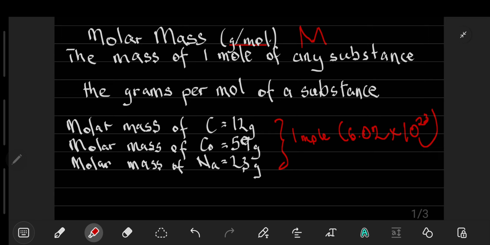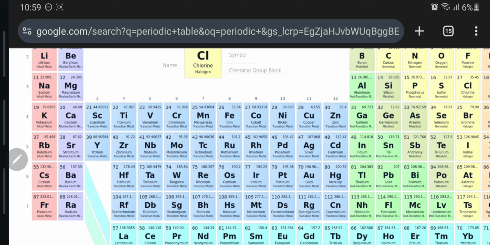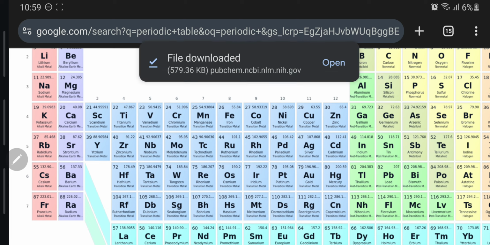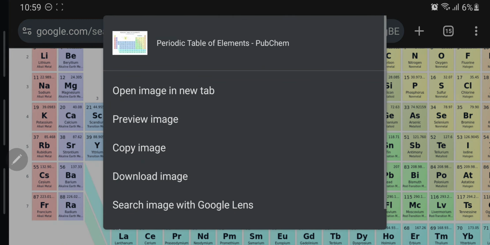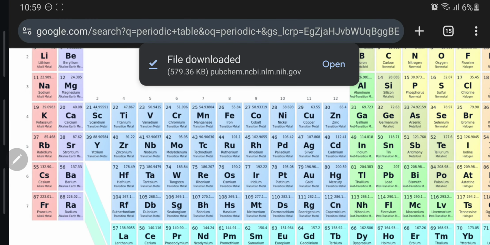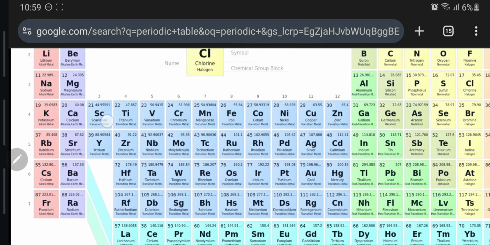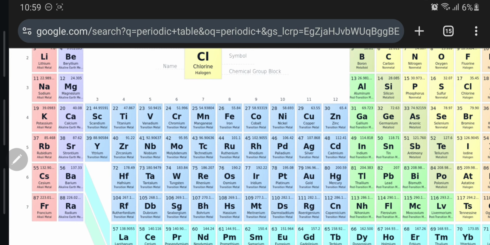Now the various elements on the periodic table have their respective masses. If you look at any periodic table, like we can see here, there are various elements. The values we are seeing here are the atomic numbers, and 44.95591 is what we refer to as the mass of scandium.